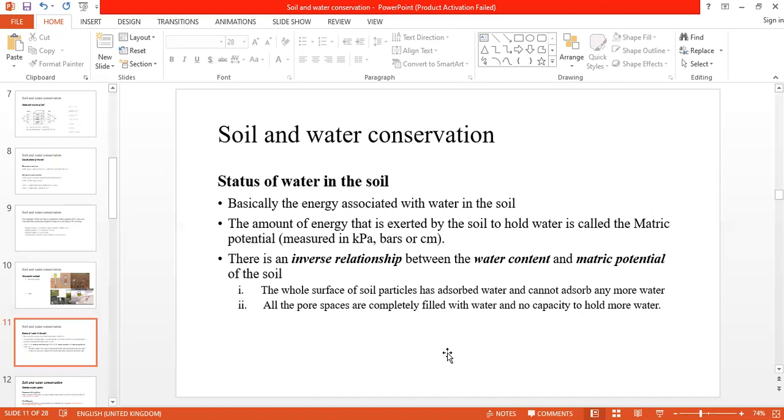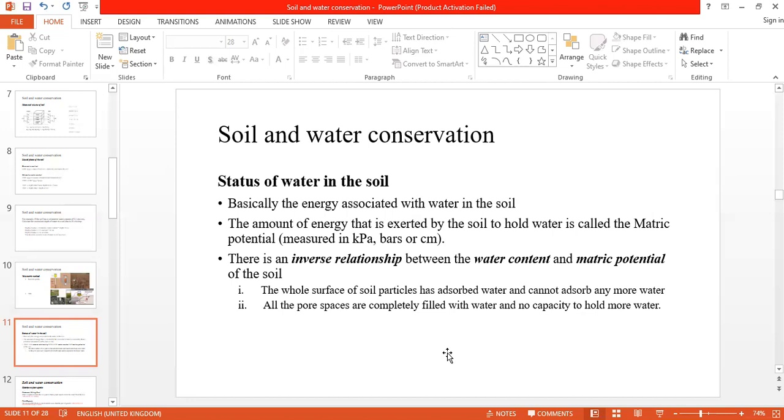Even if you give them more food, they will just say, it's okay. So the particles will attract more and more water, and then the rest they will release.